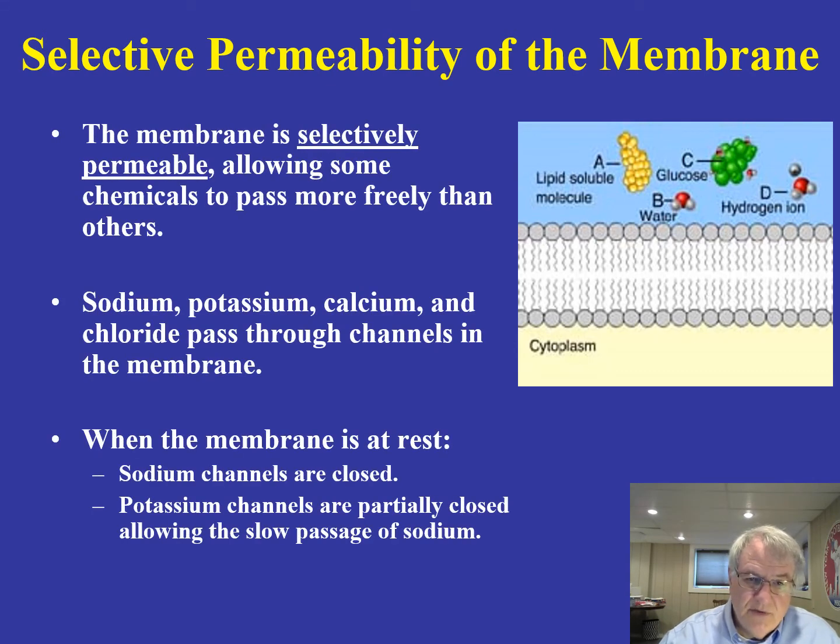The membrane is what we call selectively permeable. It's going to allow changes to occur in terms of sodium and potassium, calcium, and chloride as well. But when the membrane is at rest, the sodium channels are closed, and potassium channels are partially closed. There's going to be some slow passage occurring of these charged ions.